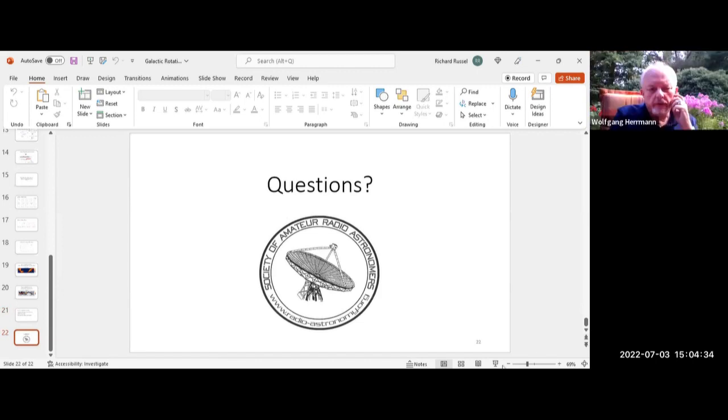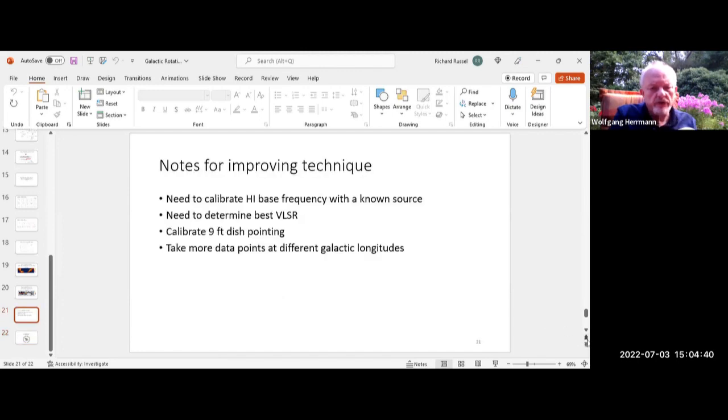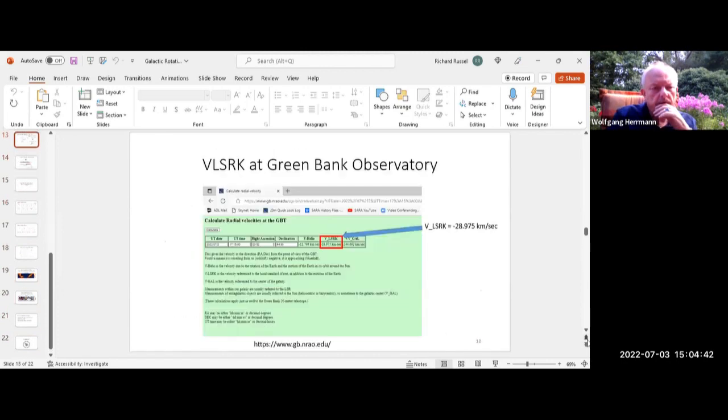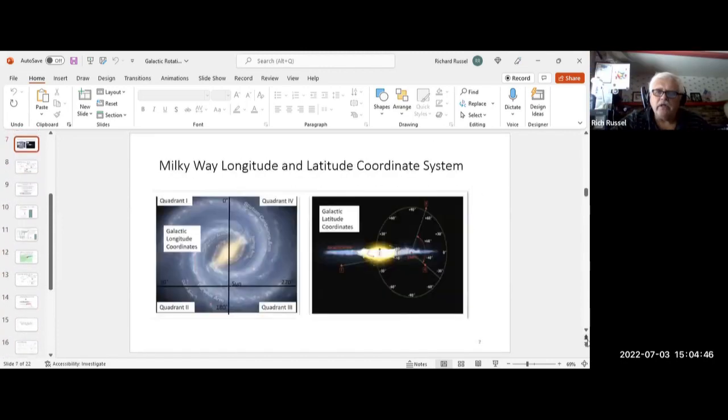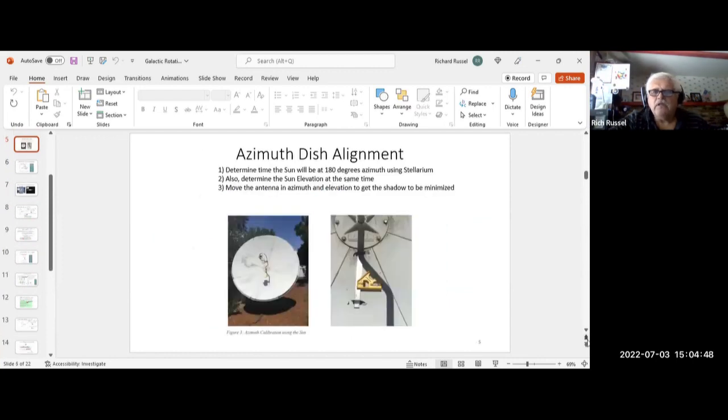Rich, on your dish, the setup is that it is looking due south and stationary, and you can change the elevation. Is that correct? Right. I do have an actuator on there that allows me to change that. I have to turn it all the way around to do north meridian. So I go to 0 to 90 degrees, and then I have to turn it around.